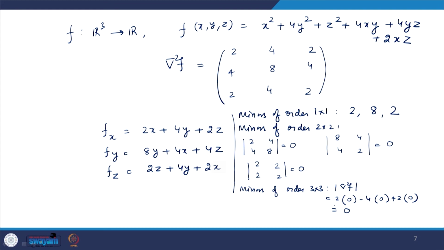So, now here all the principal minors are greater than or equal to 0. See, 1 cross 1: 2, 8, 2; then 0, 0, 0. That means all principal minors are greater than or equal to 0. So, what can we say about the Hessian matrix of f?